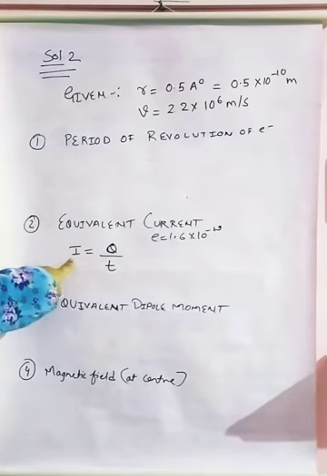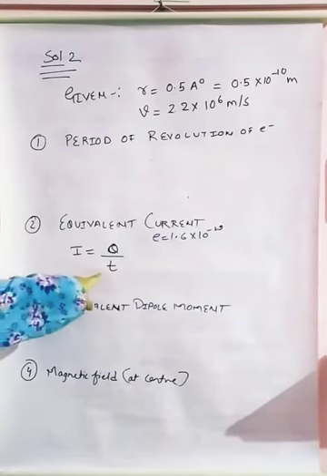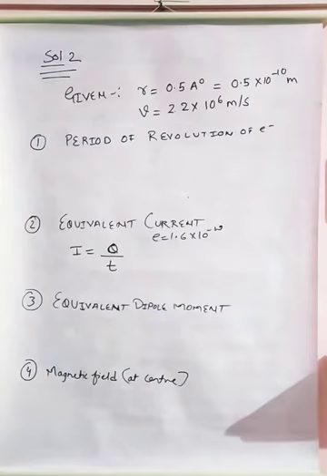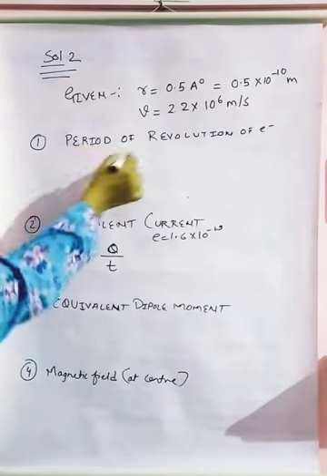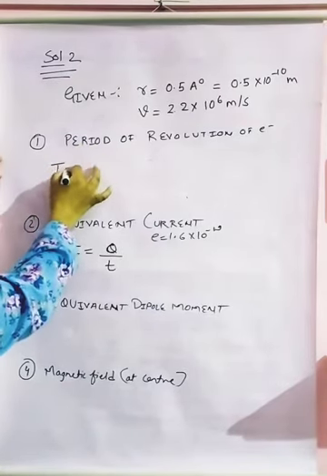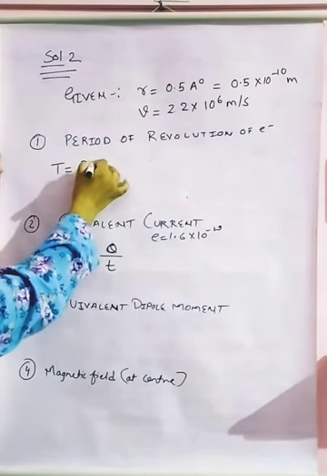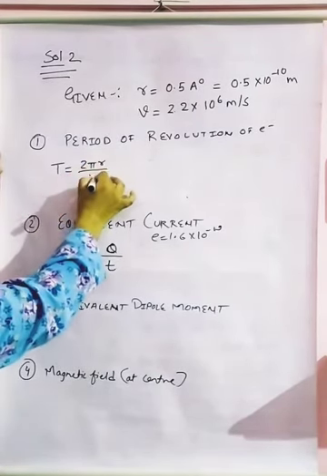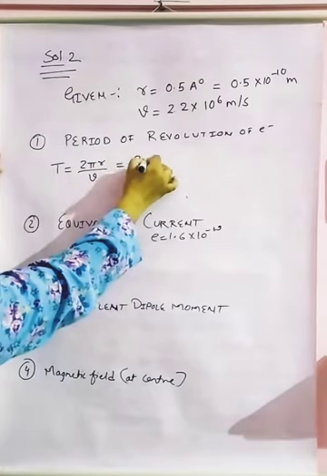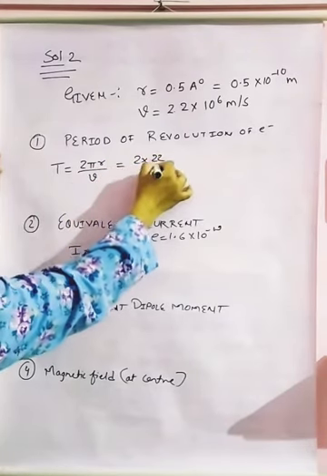So when we need to calculate the current, before calculating the current, I should know the time period. How can I calculate the time period? Here they are talking about the revolution. You remember that time period formula we already have. So here I can write 2 pi r upon v. The value of 2 pi will be 2 into 22 by 7.